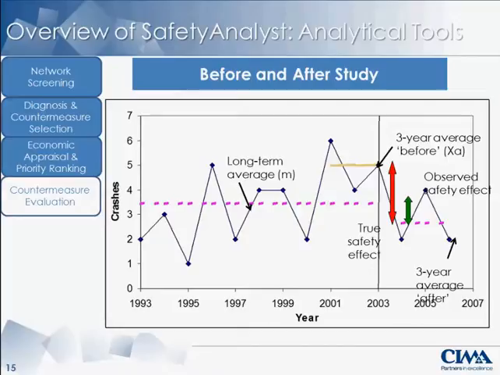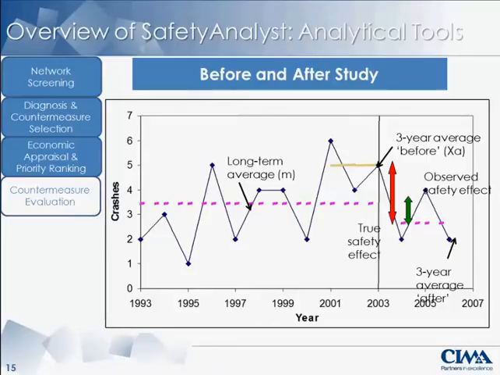The X-axis is different years, the Y-axis is number of crashes, and you see all of these fluctuations, right? And I talked about this long-term average over here. You implement the countermeasure, and hopefully after implementation your crash history changes, and you see a different pattern, smaller numbers. Now, if in your before and after study you only take a small average over here and compare it with your average after, you get this big reduction of collisions. Everyone says, ooh, that's great.